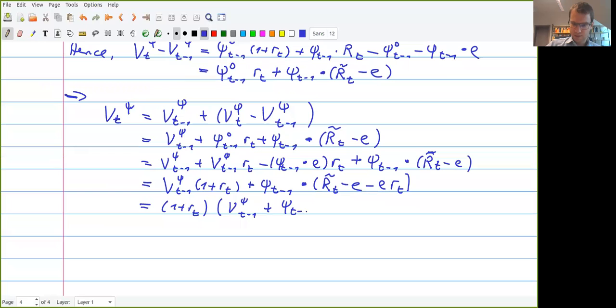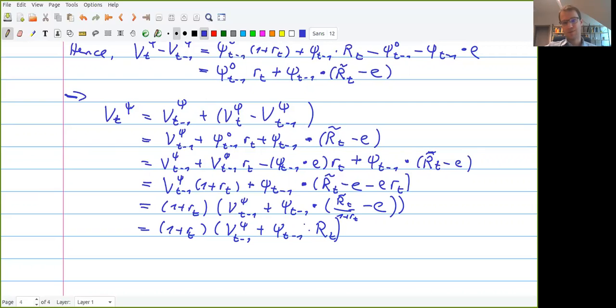I have psi at time t minus 1, scalar product with R tilde t, which I have to divide by 1 plus R_t, minus E. And now this can simplify a bit again. So, a slightly long calculation.